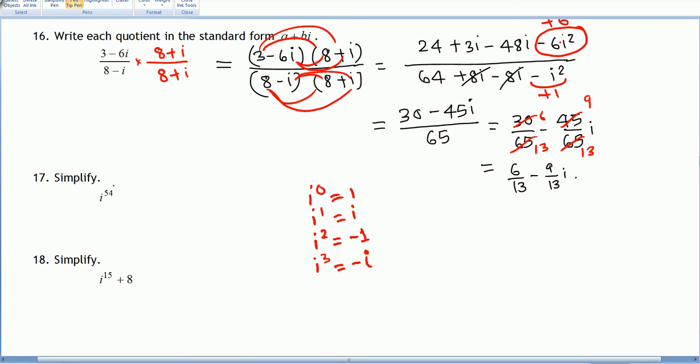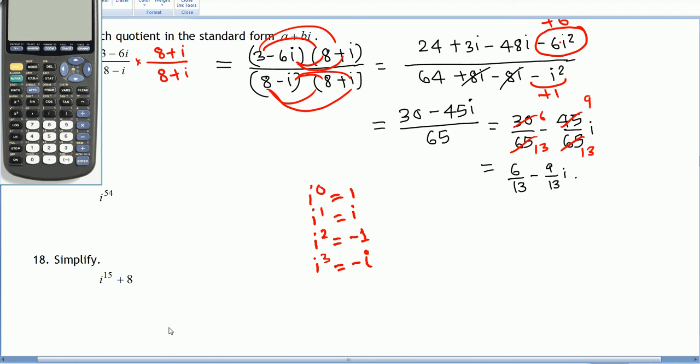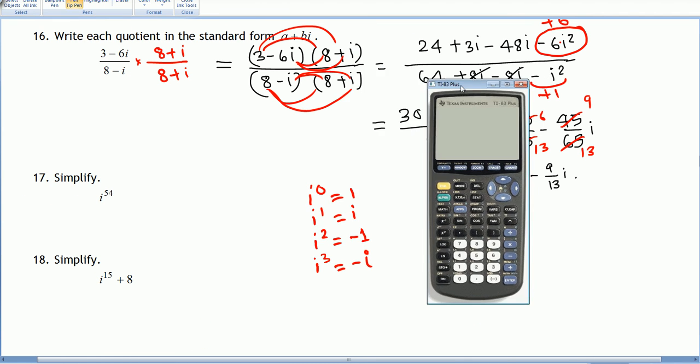So all we have to do is divide 54 by 4 and look at the remainder. Here's a calculator, 54 divided by 4 is 13.5.